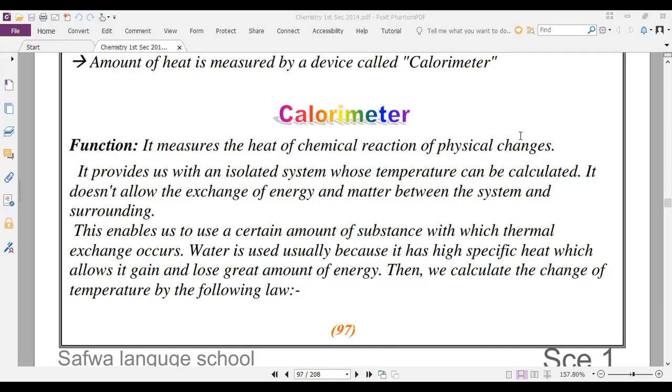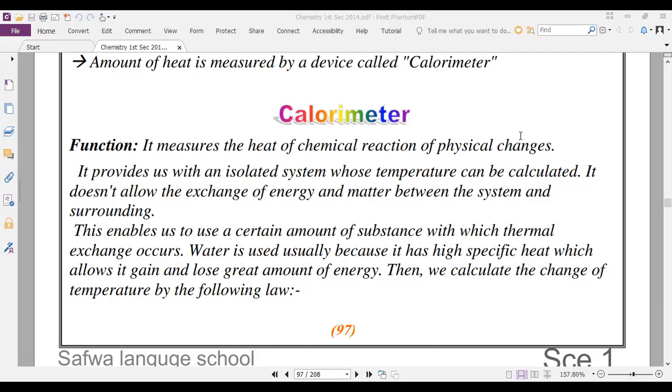So this enabled us to use a certain amount of substance with which thermal exchange occurs. And also water is usually used because it has high specific heat, as we said before, which allows it to gain and lose a great amount of energy.